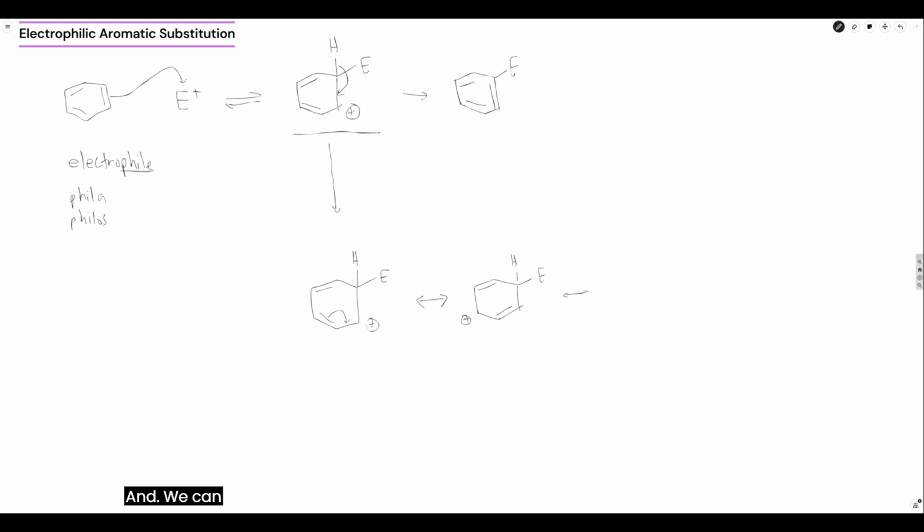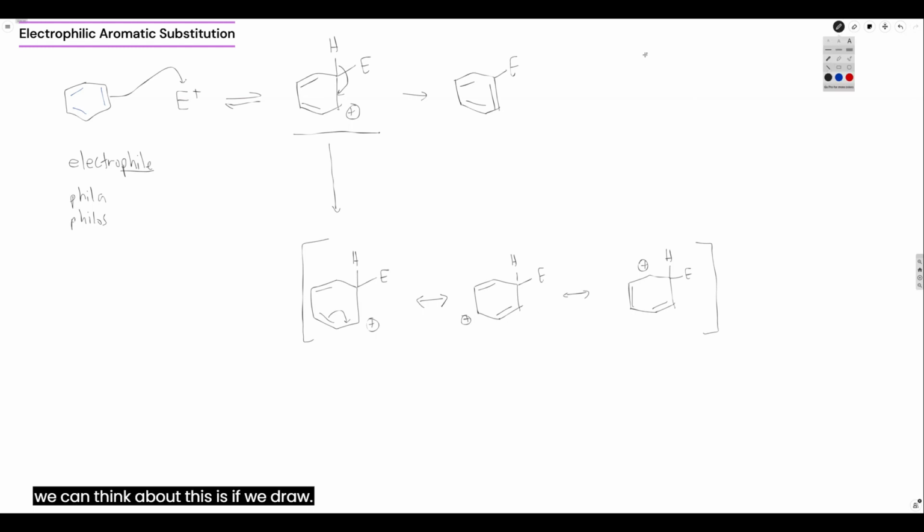And we can draw that same cation here. So the cation is delocalized in the sigma complex intermediate, which has a stabilizing effect. Now, it's still not as stable as the resonance stabilized starting material. And so this actually goes through a high energy intermediate.